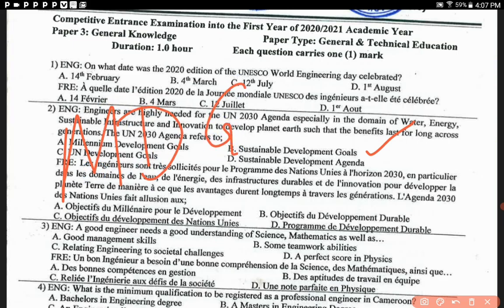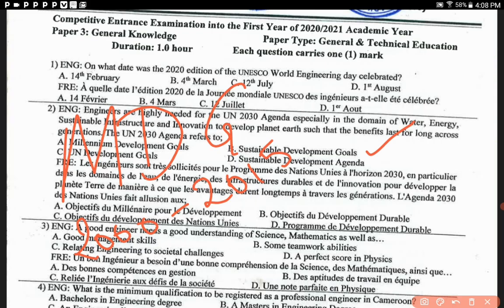And it was an earlier framework. It came up before the Sustainable Development Goal. The United Nations Development Project for MDG was from the year 2000 to the year 2015.